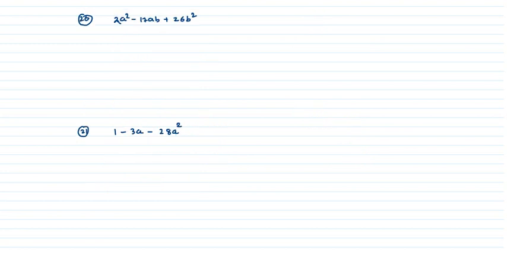Further, same question. See here, you can see 26 and 2. You have to multiply these two numbers, which is 52. 26 into 2 is 52. For 52, the factors you should get sum to minus 17. So this is 13 4s, minus 13 minus 4, which is my minus 17.